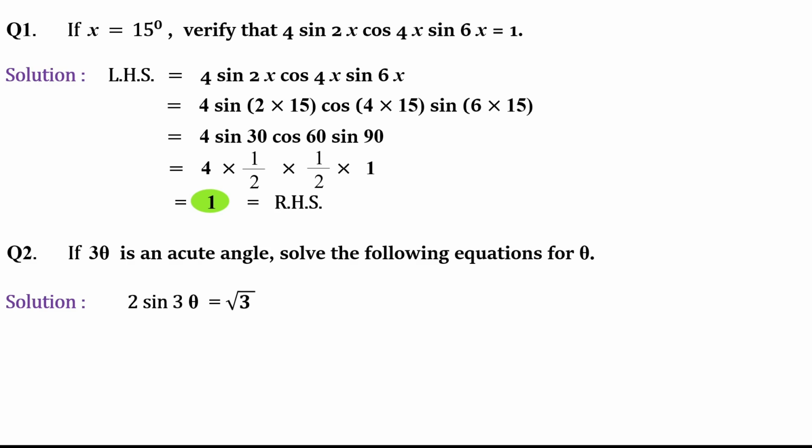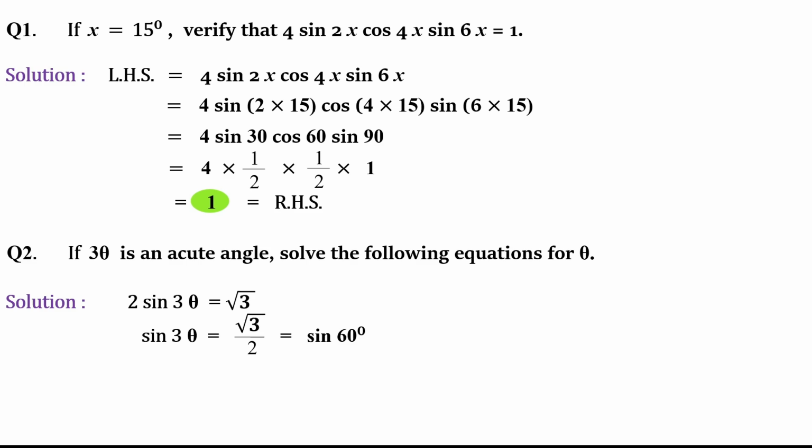So if I remove 2 from here, the next step I get is sine 3 theta is equal to root 3 by 2. I am once again telling you, in sine 3 theta you cannot remove 3, because 3 has been multiplied with theta. So this complete 3 theta is an angle, and it is connected with sine. They are inseparable. They will remain as it is.